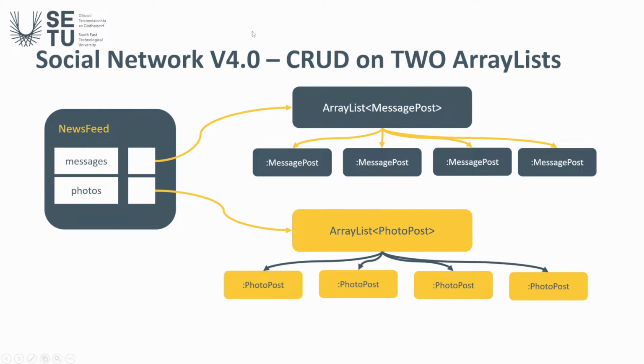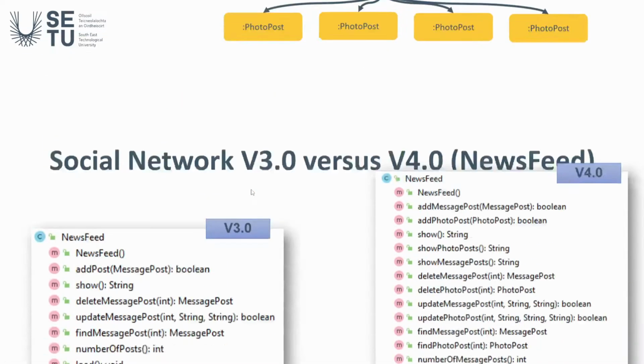So now in our newsfeed we have 2 array lists that we need to keep track of, to add to, to delete from, and to display. Things can start getting complicated fairly quickly.